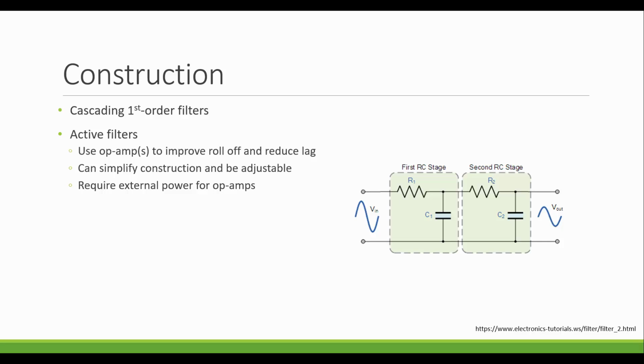We can have first or second or however many, and that too is going to affect the roll-off. And generally what we can see is a better phase diagram or a more attractive phase diagram that we're going to have in the Bode plot when we compare it to these passive filters. But on the downside, they might be a little bit more complicated to construct, might take more elements, and also active, as the name implies. The active comes from needing external power for these op amps to function.